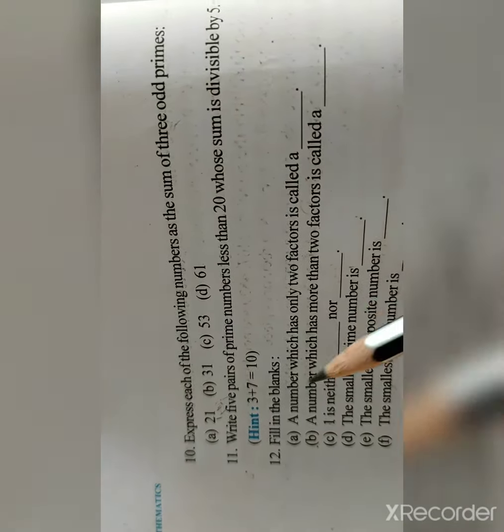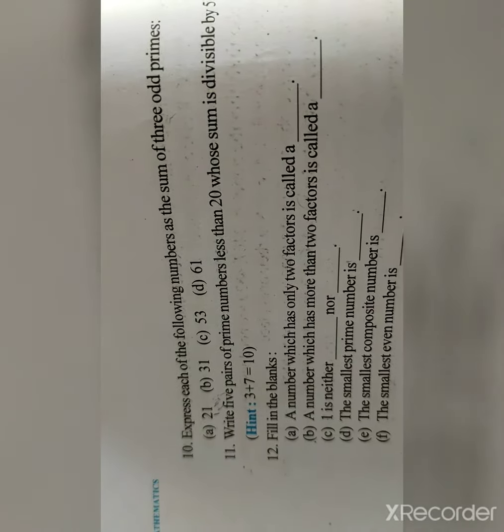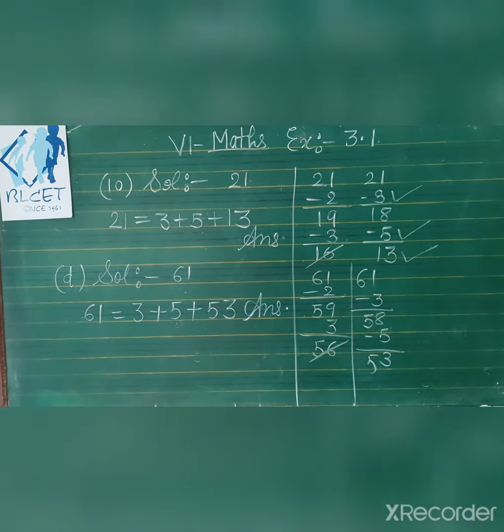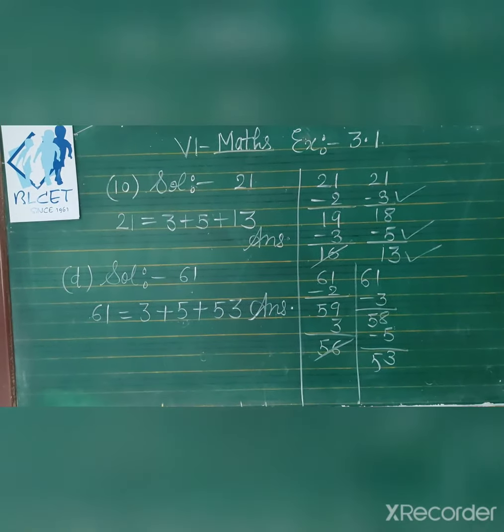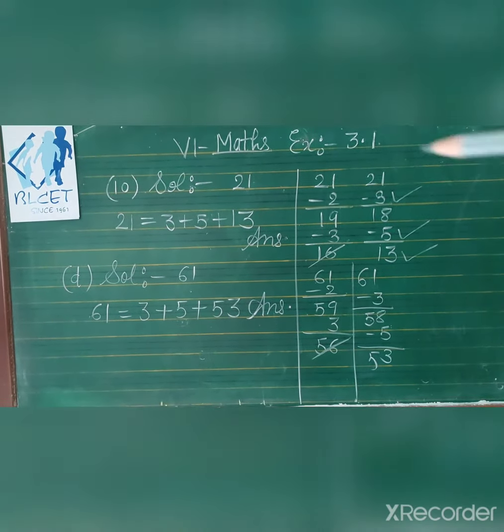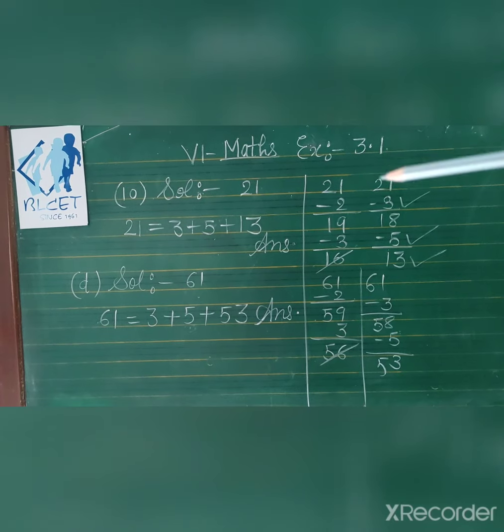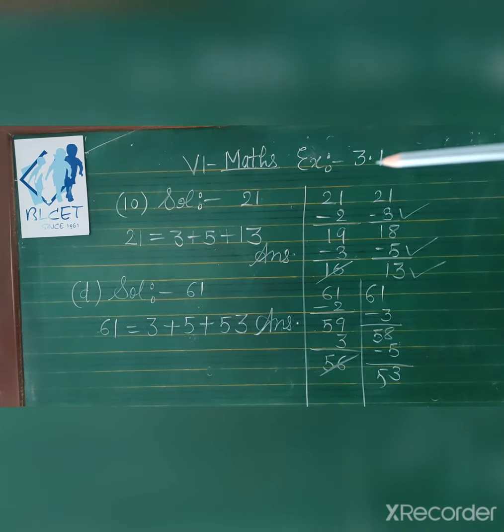Now next, express each of the following numbers as the sum of 3 odd primes. So let us start. First, the number is 21. We will not subtract 2 here because 2 is an even number.